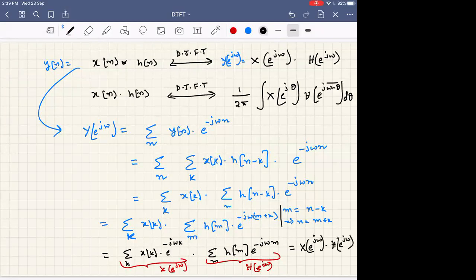So what does it tell? It tells that if you are multiplying in the frequency domain, the implication in the other domain is convolution. Multiplication means only element by element things will happen. See, if you have two signals like this, multiplication in the time domain means only element by element things will happen. But in the other domain, what will happen?